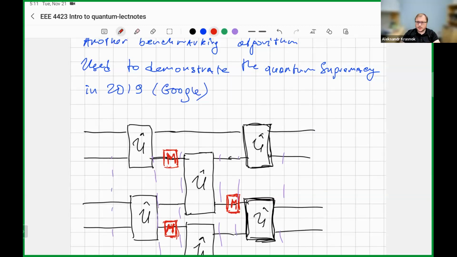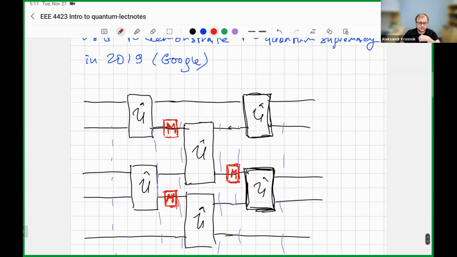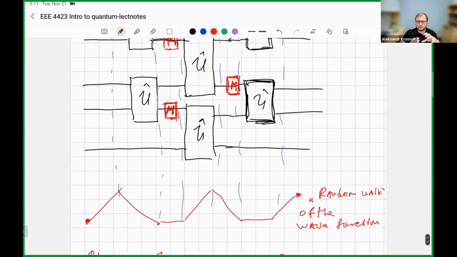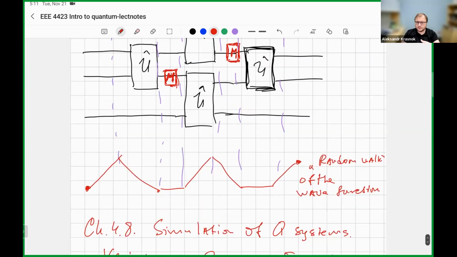This is just a quantum circuit, a register of n qubits, and then you apply unitary operators and measurement gates randomly in time. So you change the wave function, then you make the wave function collapse in different qubits, and the result of all this is a sort of random walk, but for the quantum realm.